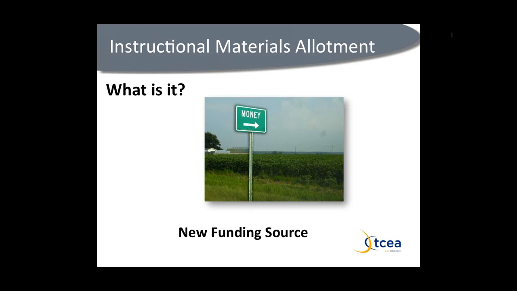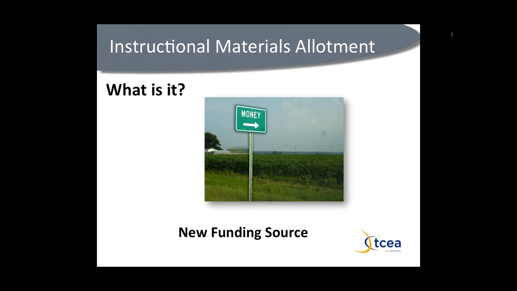That fund was called the Technology Allotment, and it was around $30 a student, and it was sent to every Texas school and charter school, and it was set aside, and it was probably used and spent by your technology coordinator or director. And then the textbooks, of course, for years, the state has basically purchased the textbooks and shipped them to the districts whether they needed them or not.